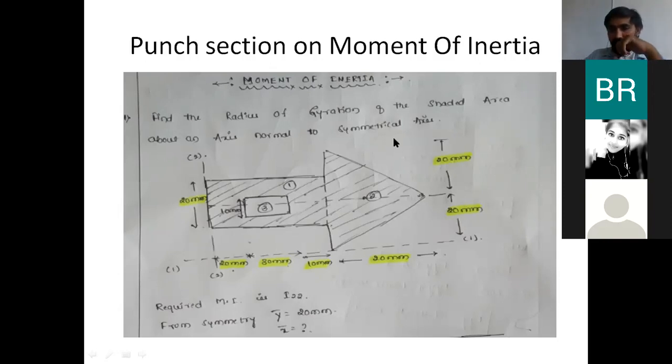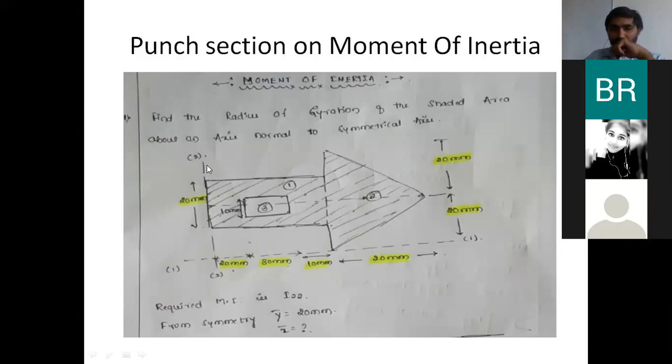First, looking at the entire figure, I can guess where the symmetrical axis is. Using this cursor, I have two axes: one is the horizontal axis and the other is the vertical axis.